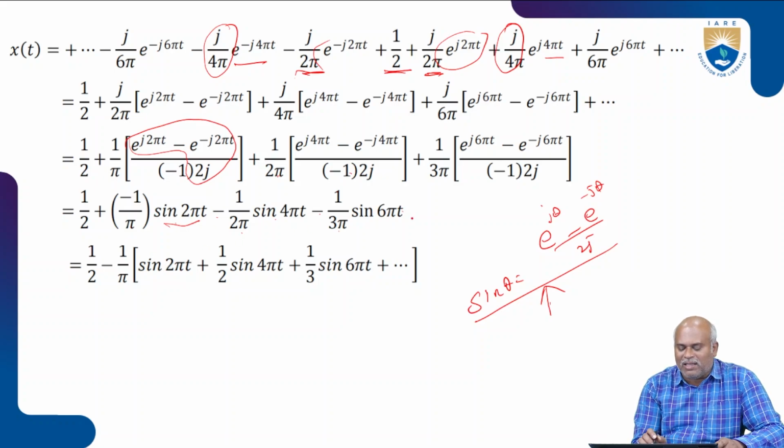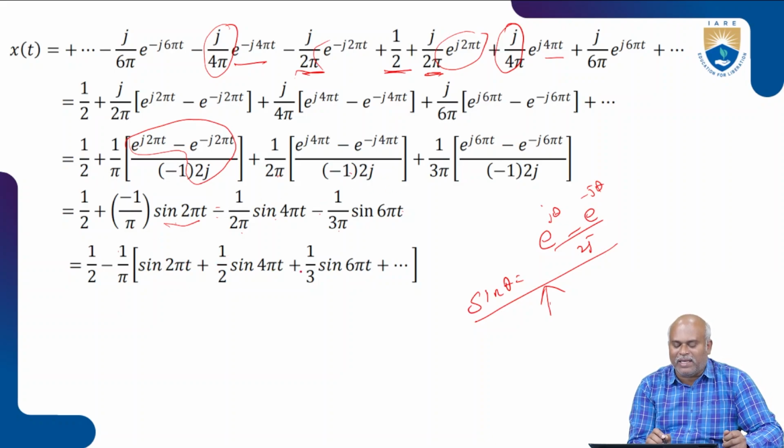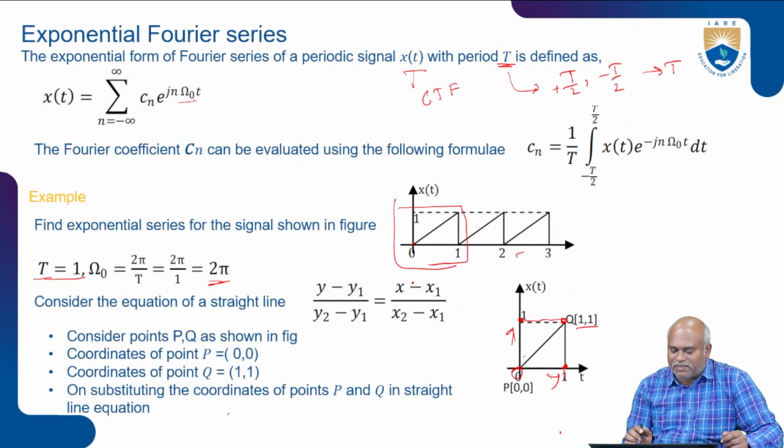So in all terms pi is common. I take out the pi also: 1 by 2 minus 1 by pi, this is also minus, this is minus, take it out: sine 2 pi t plus 1 by 2 sine 4 pi t plus 1 by 3 sine 6 pi t, and so on. So now we got a waveform like this.